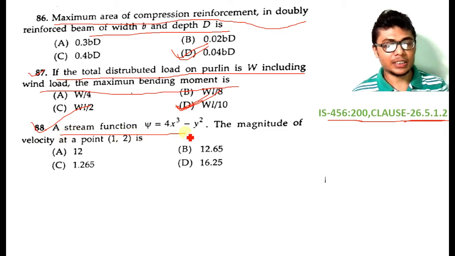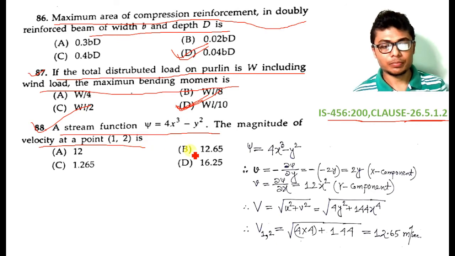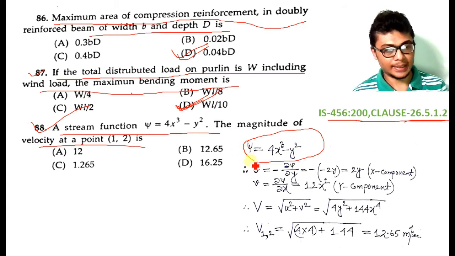A stream function equals 4x cube minus y square. The magnitude of velocity at point (1, 2) is? This question is from fluid mechanics. Okay, so let's see the solution. This is my stream function. At first I have to find the velocity components along the x-axis as well as the y-axis, because the stream function is given for 2D flow, since x and y are given in the equation.